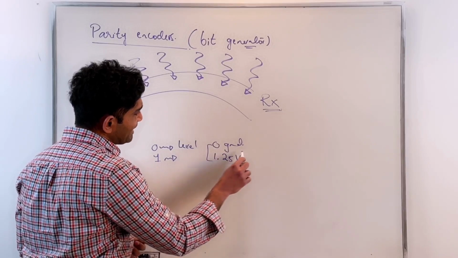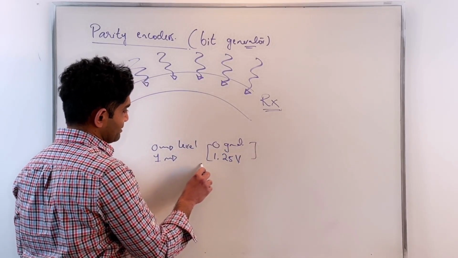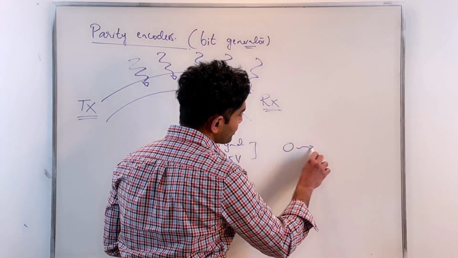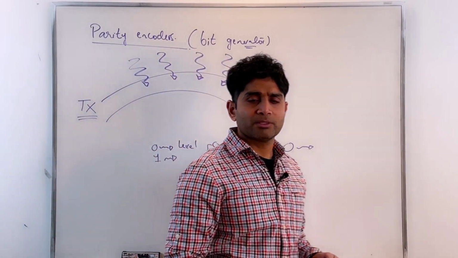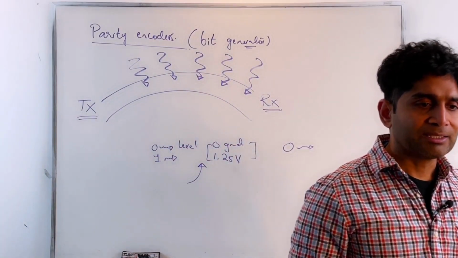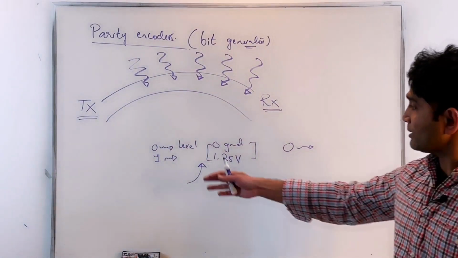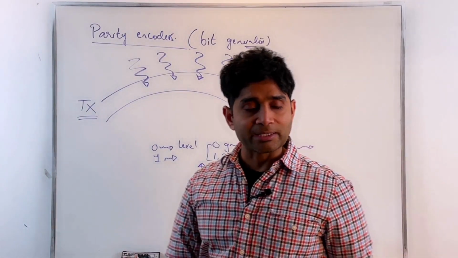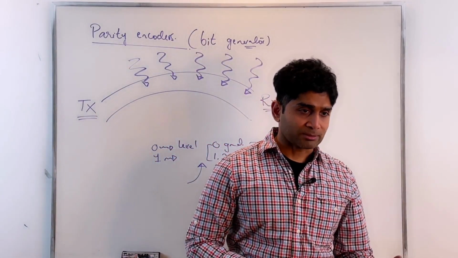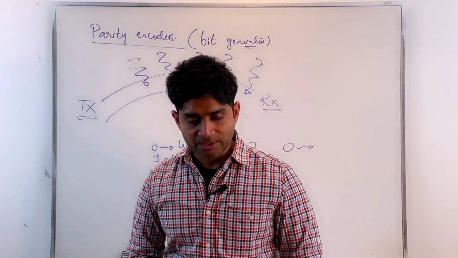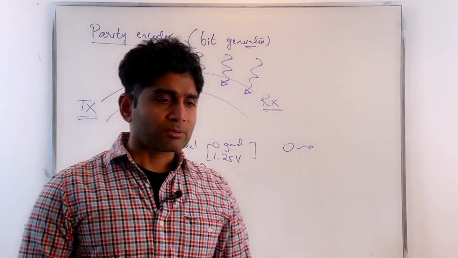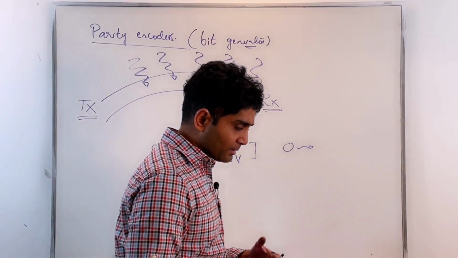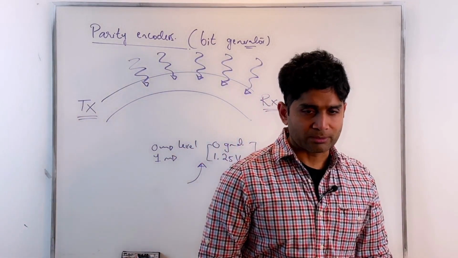So any noise acting on my bit, let's say 0 or 1, my 0 may be changed to a different voltage level, and my receiver may interpret that as a 1. Likewise, my 1 can be changed to a 0, and my receiver may interpret it as a 1 or a 0. So the effect of noise is basically corruption of your signal.